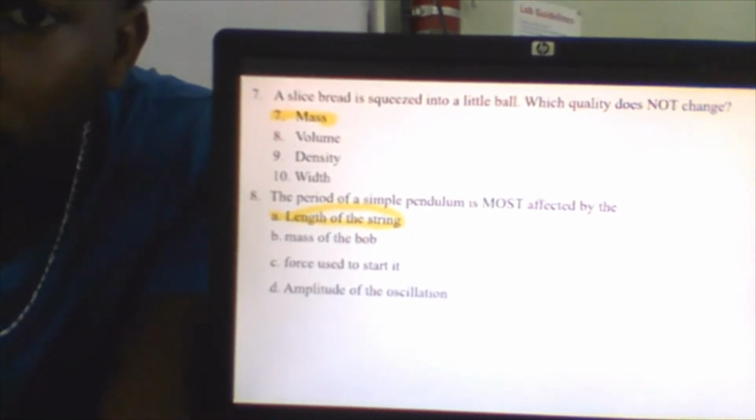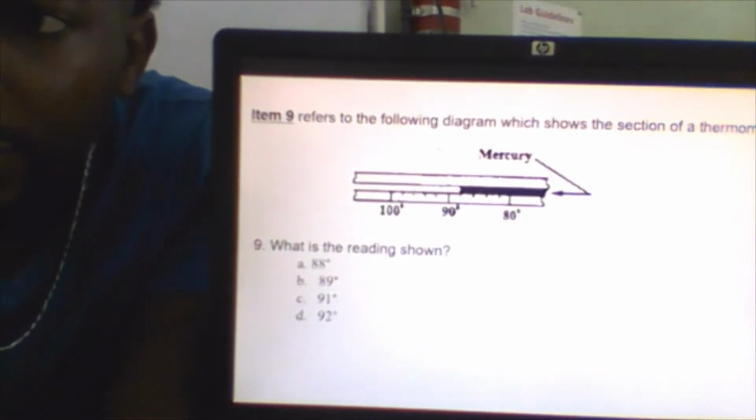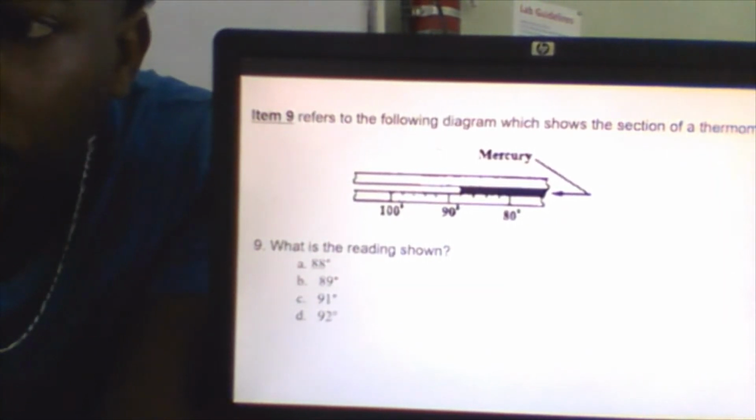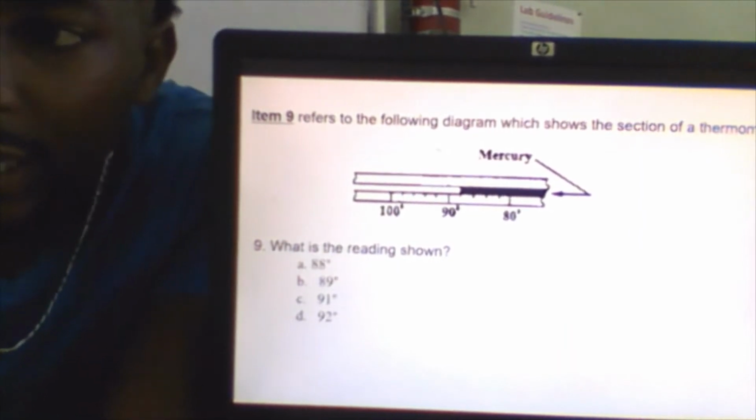Number 9. So we have an object there, and we want to be able to read the reading. It says item 9 refers to the following diagram, which shows the section of a thermometer. And if you notice there, the graduations are going up in twos.